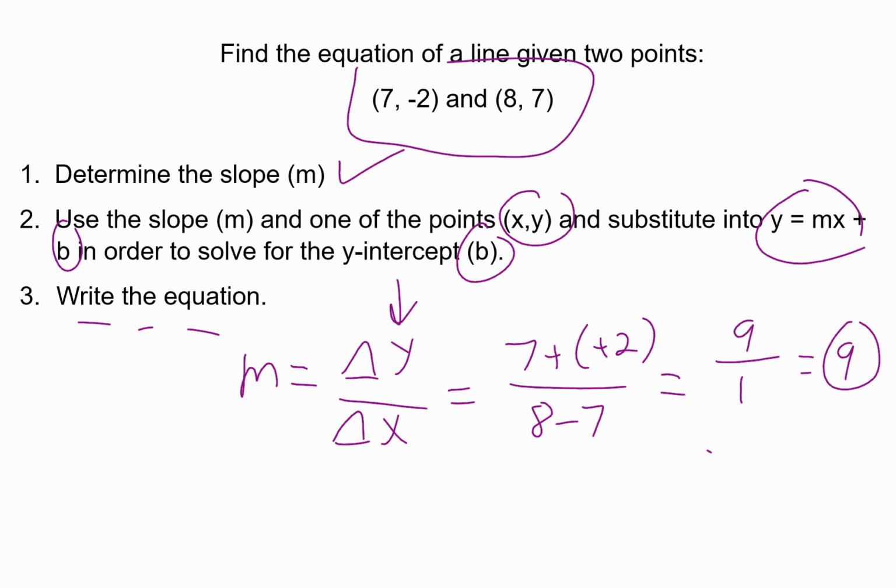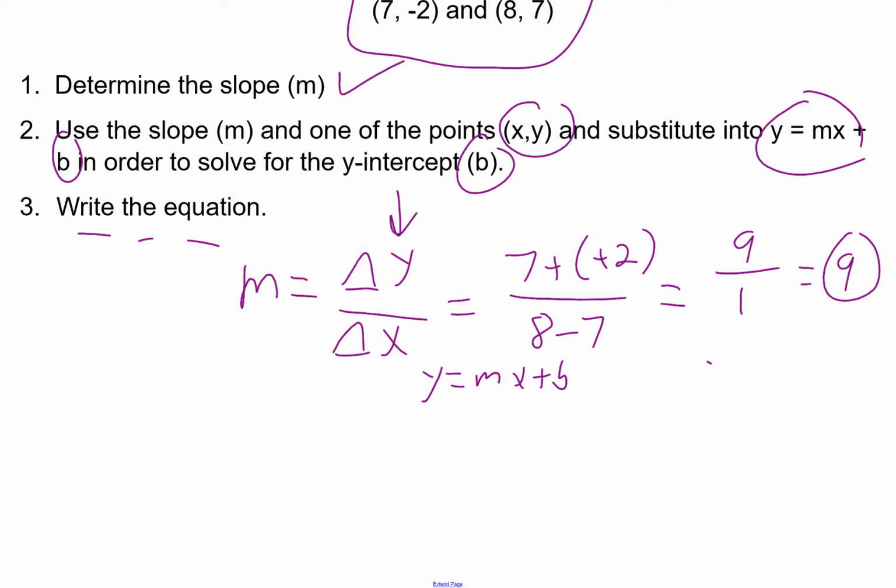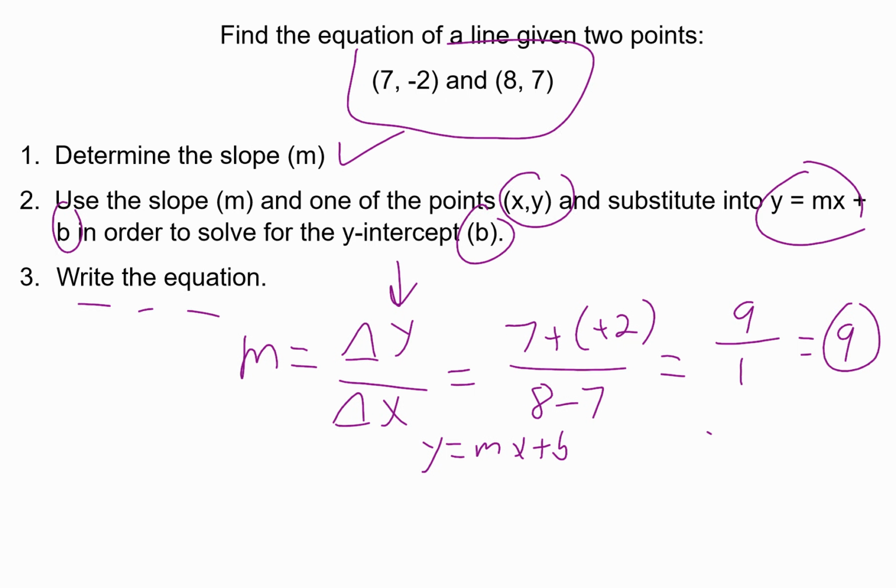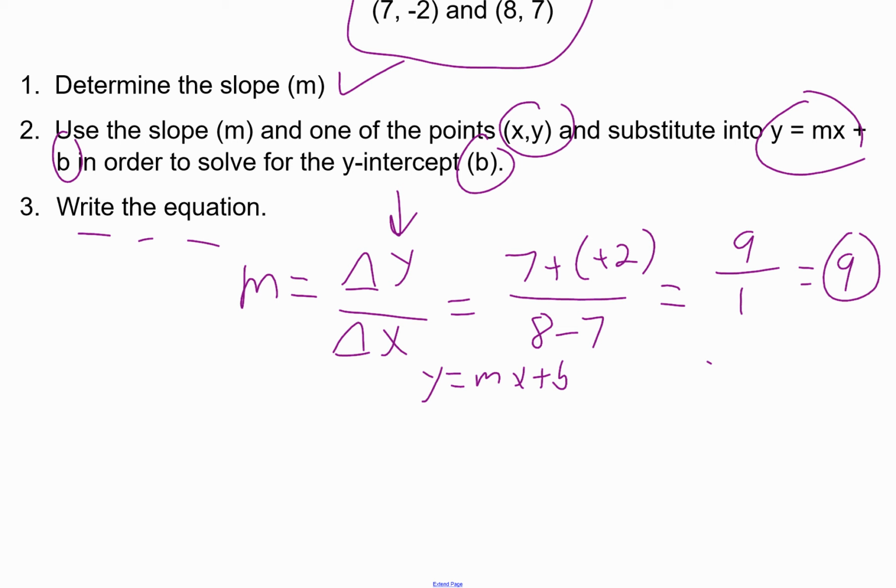Now I'm going to take the slope and one of the points and plug into y = mx + b. One of the points was (8, 7). A common mistake students make is they don't plug in x for x and y for y. So be sure you plug in, this y gets plugged in here for y, and the x gets plugged in for x.